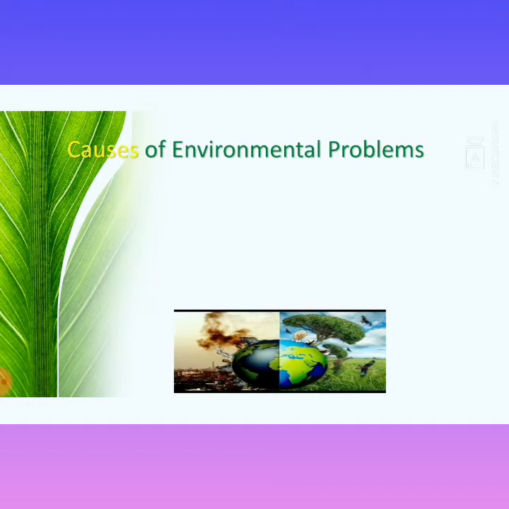So you can easily understand what the reason is. Now we'll discuss the causes of environmental problems. Number 1, domination over nature. The number 1 reason, domination over nature, is one of the causes of environmental problems.